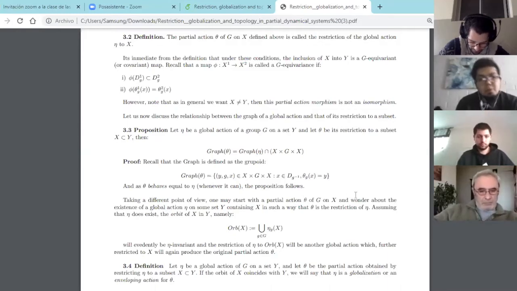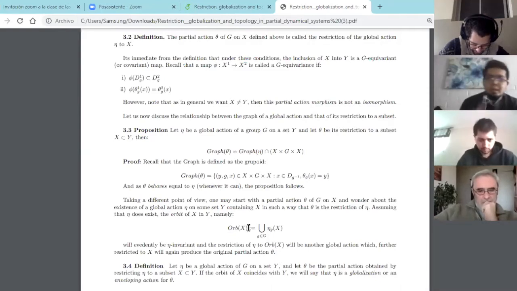Then we will consider the orbit of X, and this may be a bit confusing because I'm using orbit indiscriminately, but remember that we have two actions playing here: the global one, that's eta, and the partial one, that's theta.